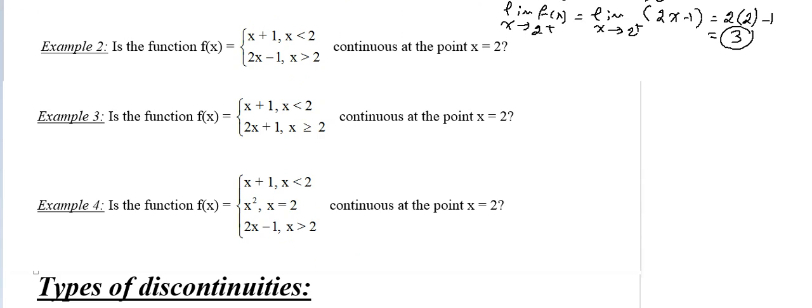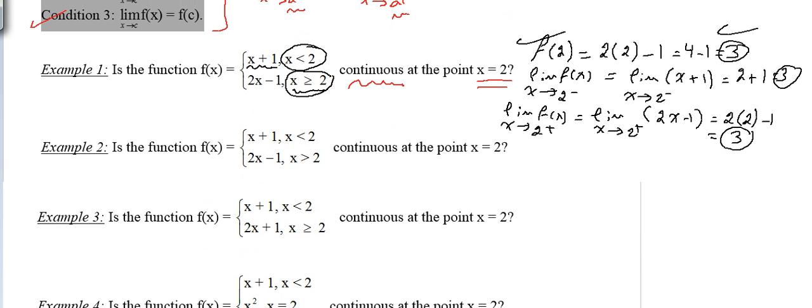Yes, it is continuous. Example 2. Is f of x the same function, but with one thing missing here. Can we say this function in example 2 is continuous? No, it's not, because we have one part for x less than 2 and one part for x greater than 2. Do we have it at x equals 2?